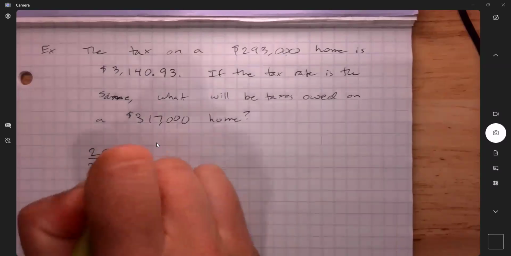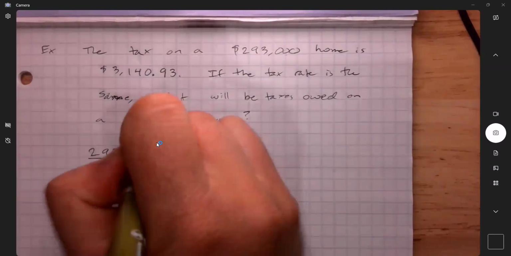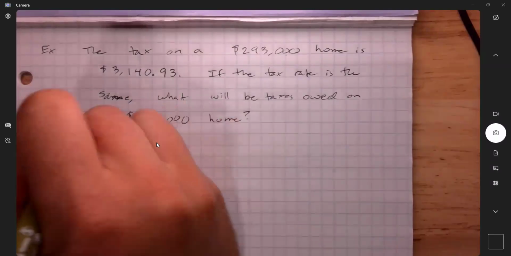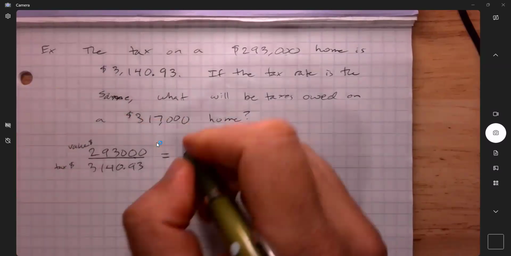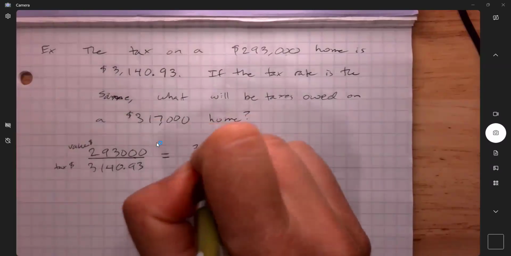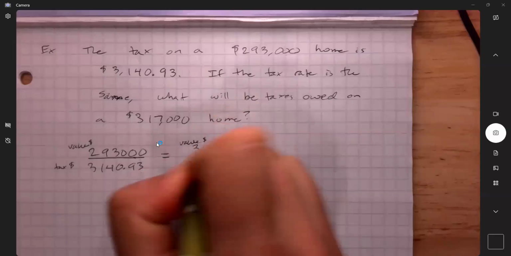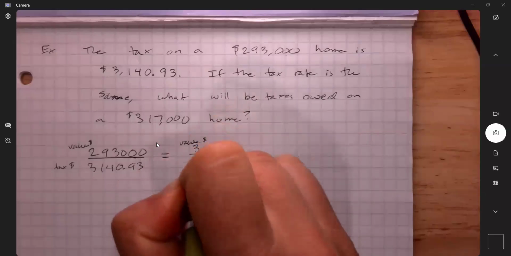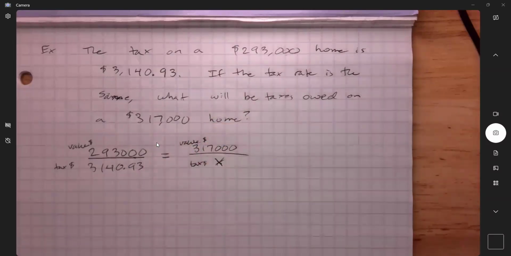So I have to match it up. If this is the value dollars, and this is the tax dollars, then I need to make sure I have the value dollars over here, and this one would be the tax dollars in X. Totally mathematically valid, but a little bit more work to do my calculation. X here is trapped in the denominator.